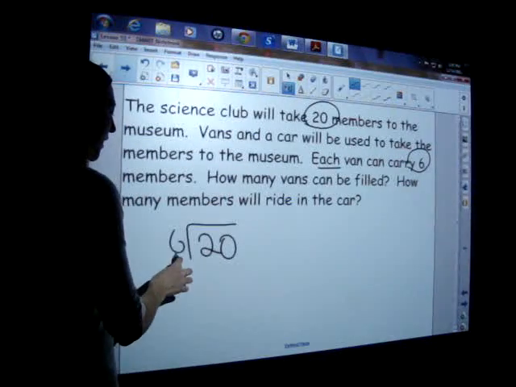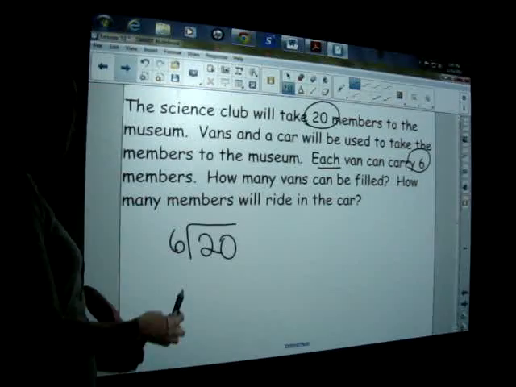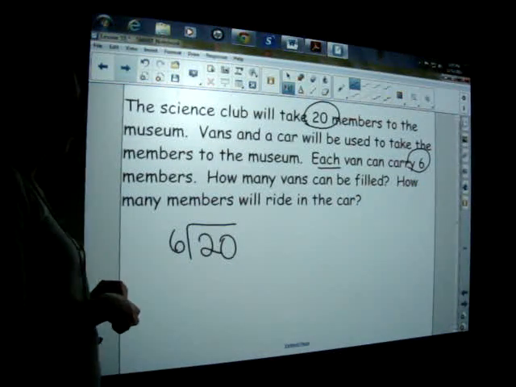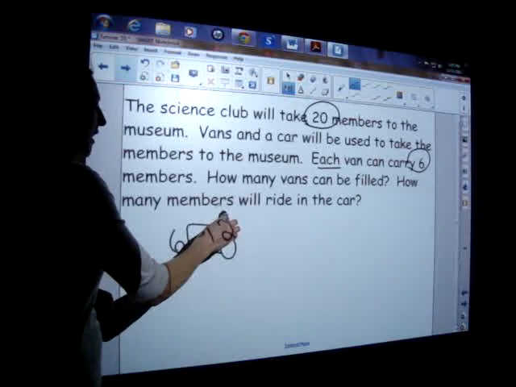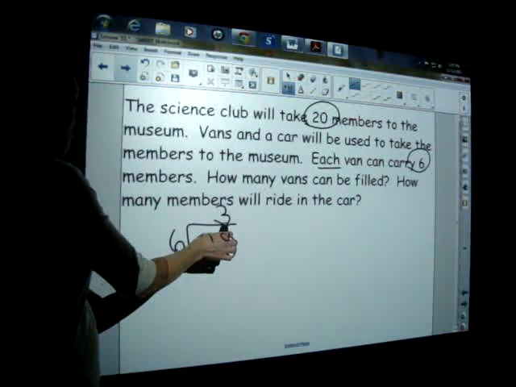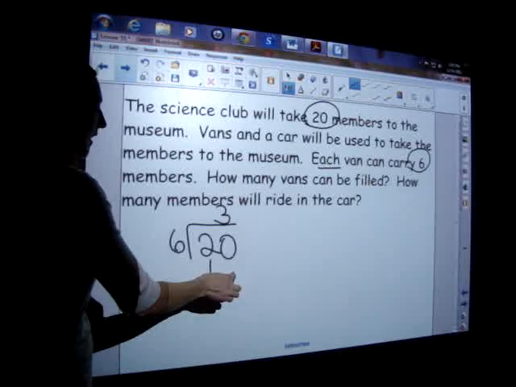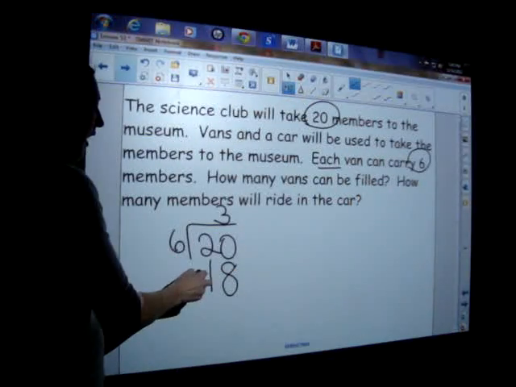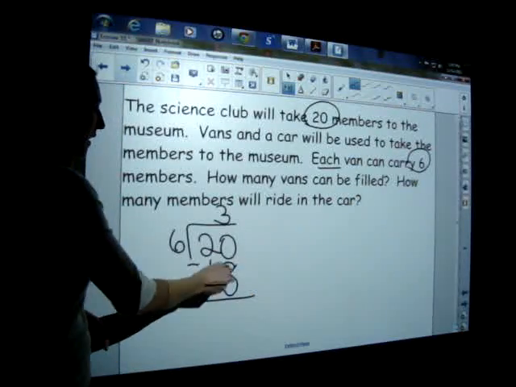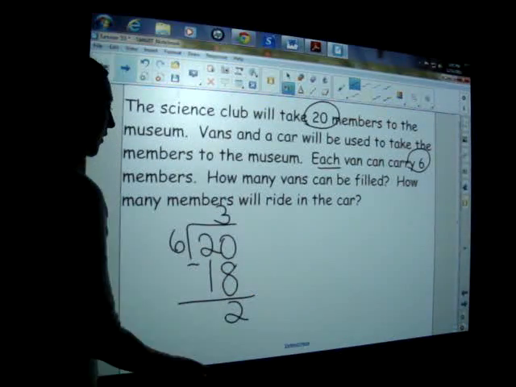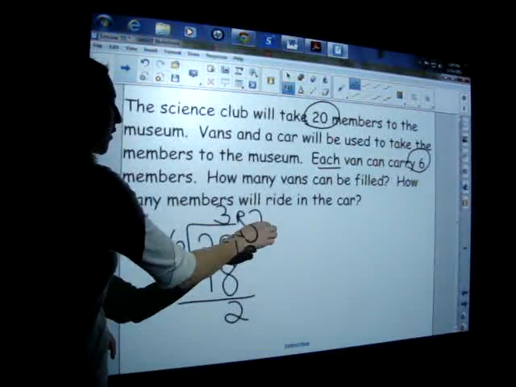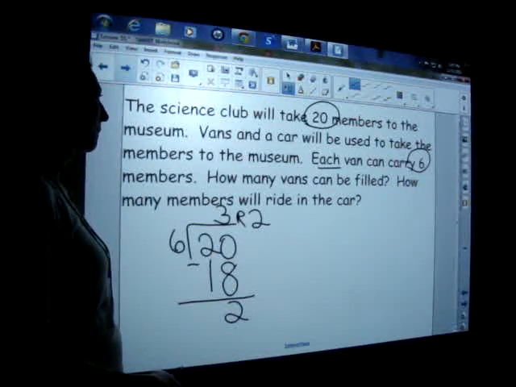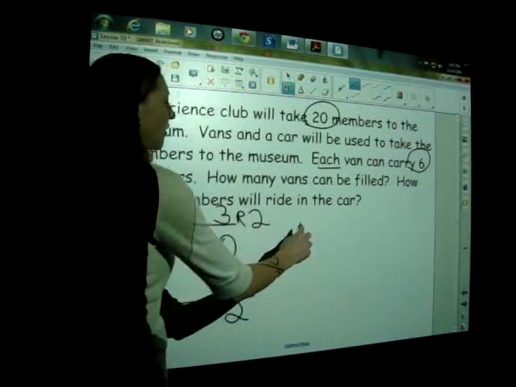20 divided by 6. So you have to think 6 goes into 20 how many times? That would be 3. 3 times 6 is 18. So I write it directly below. I subtract. 20 minus 18 is 2. So I have a 3 with a remainder of 2. But that doesn't really answer my question. I have to explain it. So how many vans will be filled?